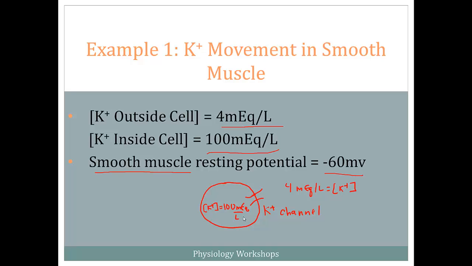Automatically, we would think that the potassium would want to exit the cell and go from an area of higher concentration to lower concentration. Now imagine a point charge added inside the cell that would exactly counter the desire of the potassium to move down its concentration gradient and out of the cell. Our question is, what would the charge of that ion have to be?